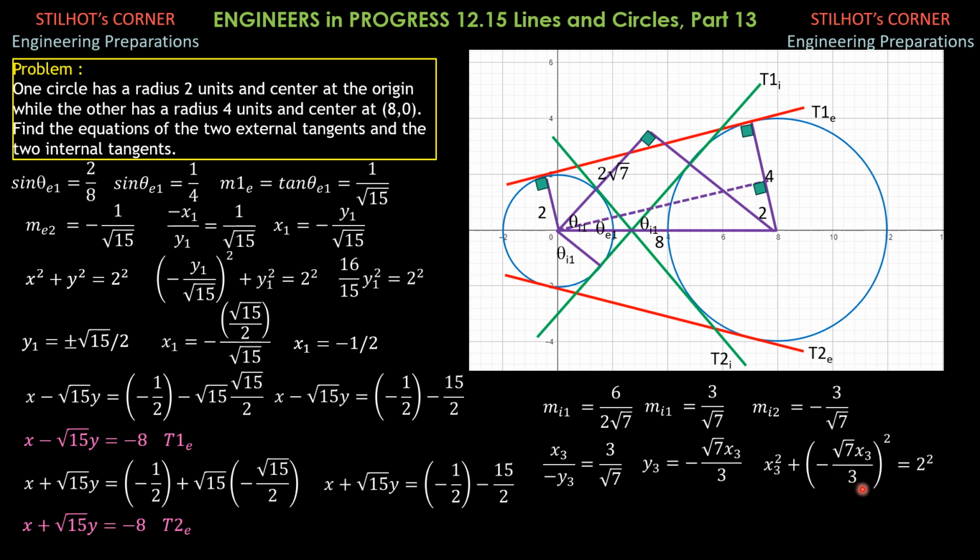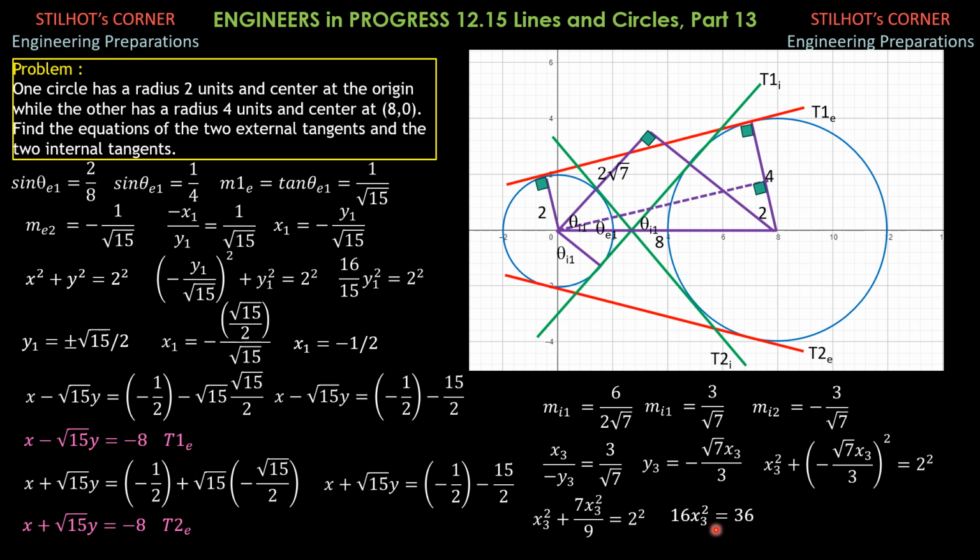So this is 7 over 9. 9 times 1, 9 plus 7, 16 over 9 x3 square. So x3 square plus 7 over 9 x3 square equals 4, or 2 square. Multiply everything by 9. So 16 over 9 x3 square equals 36 after we multiply everything by 9.